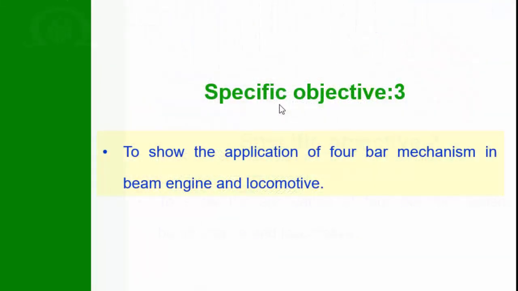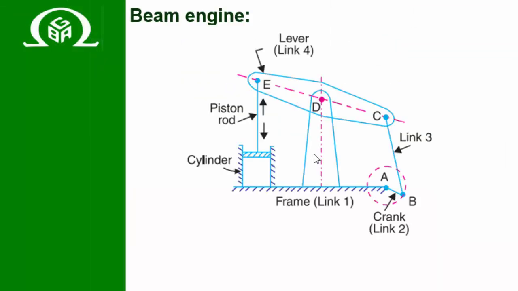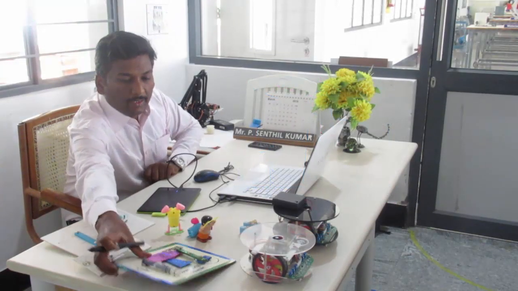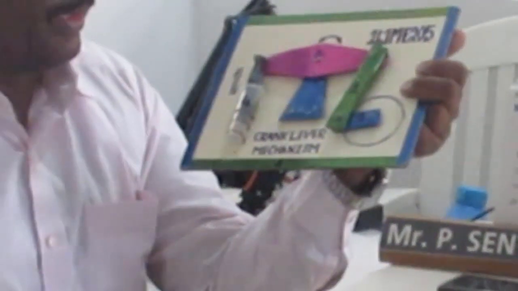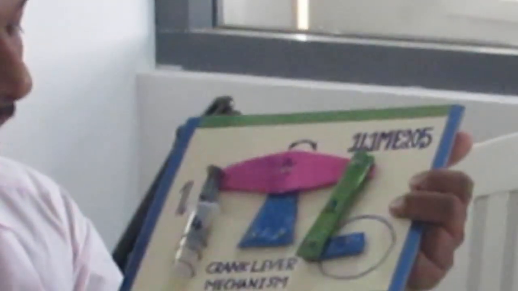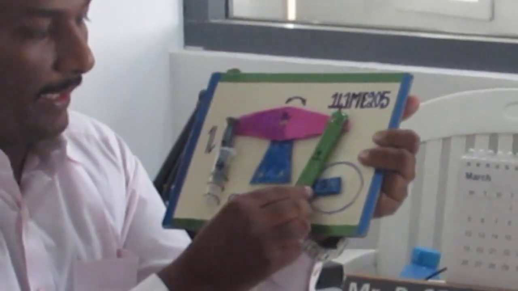Specific objective 3, to show the application of 4-bar mechanism in beam engine and coupled rod of locomotive. First one is beam engine. This is an arrangement of beam engine. Let me show you the working model of beam engine. In this model, this is link 1, this is link 2, link 3 and link 4.